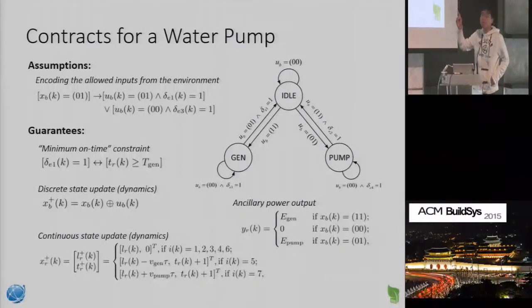This is an example, not all of the constraints, that encodes the allowed input from the environment from the current time step to a finite future horizon. And these constraints below are the guarantees that can be provided by the water pump, including its dynamics, both the discrete and the continuous states, as well as the ancillary power output.